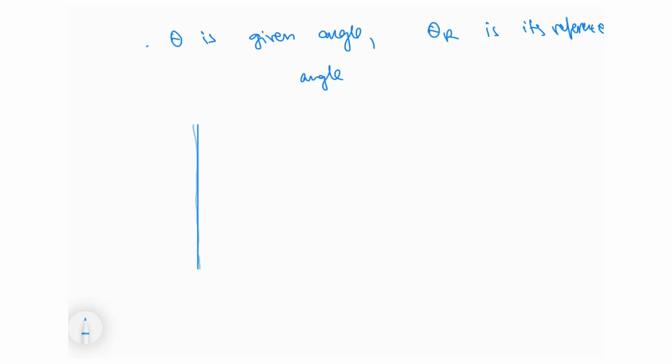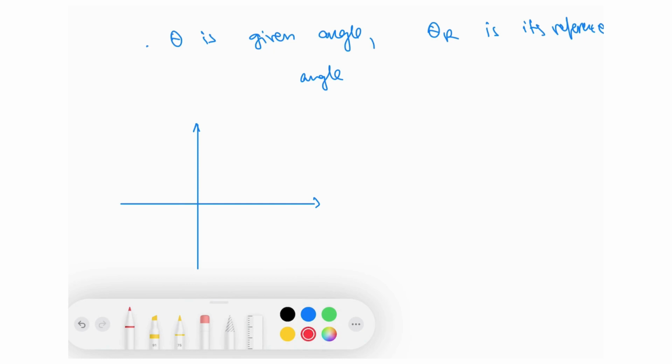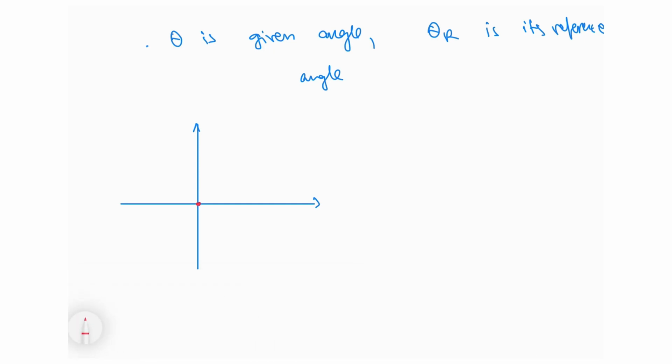So let's start with the first quadrant. The angle is in standard position. What does that mean? The initial arm is on the x-axis, so this is x, this is y, this is quadrant 1. And it is in the first quadrant, so it is strictly less than 90 degrees. So here is the angle.